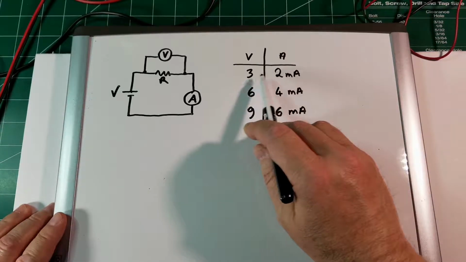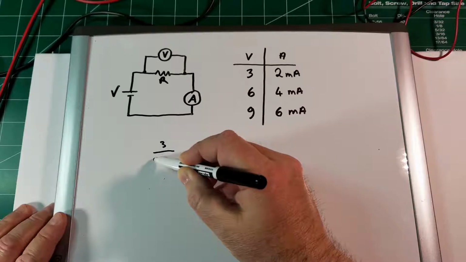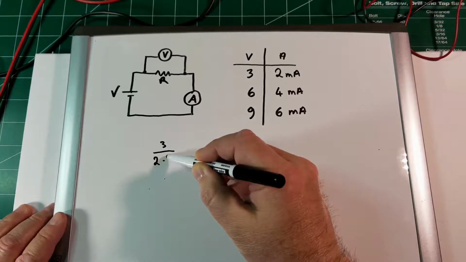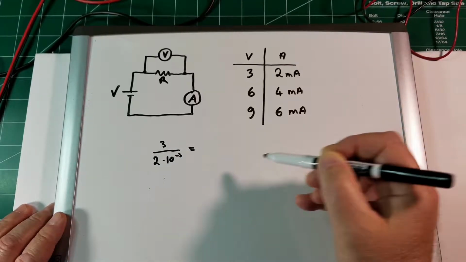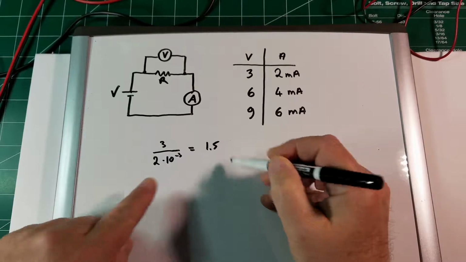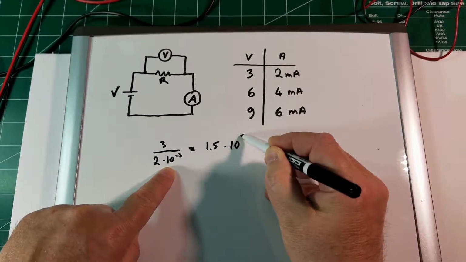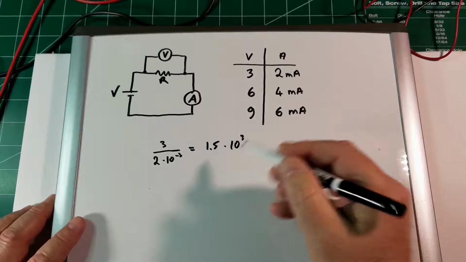Let's look at this. 3 divided by 2 milliamps, which we represent this way, is equal to what? 3 divided by 2 is 1.5, times 10 to the power of 3. Let's do it with these other numbers now.